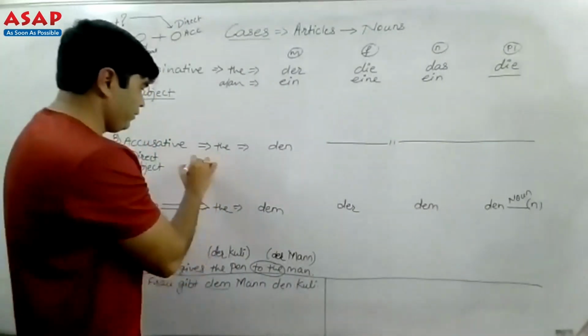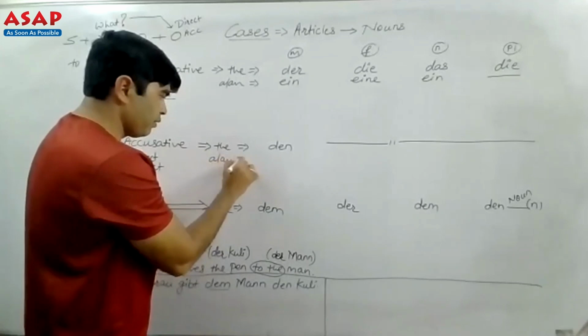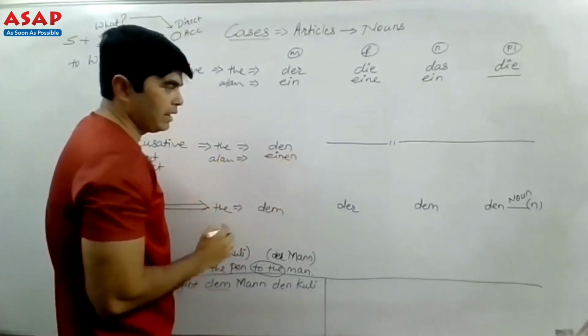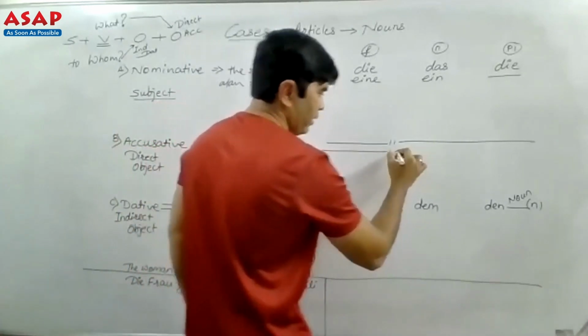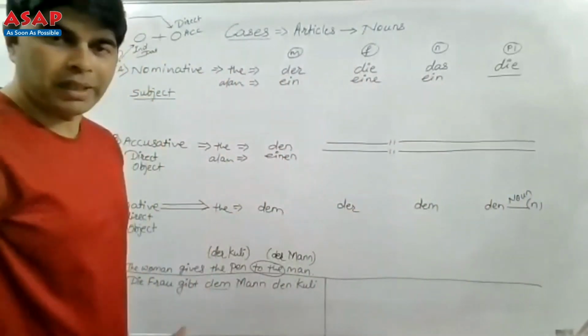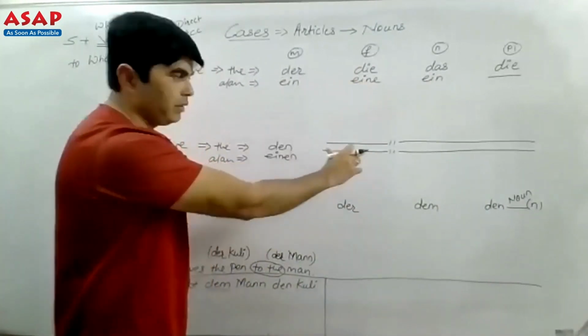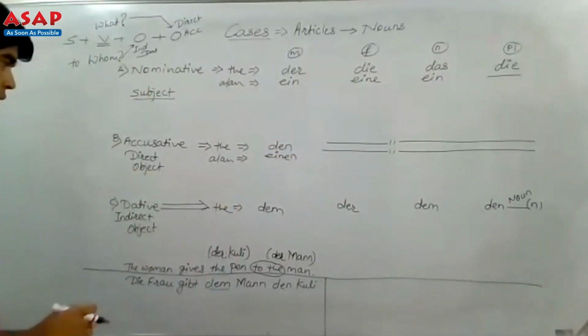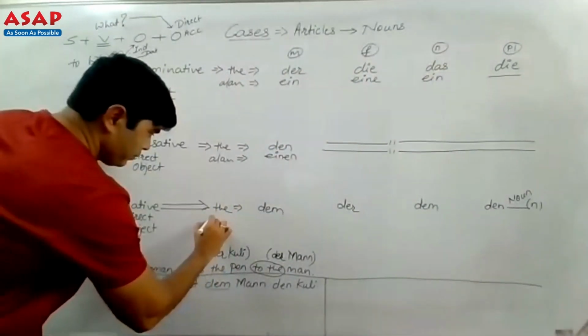Okay, then in accusative, einen. It is einen, and the rest all will be similar to this. So nominative and accusative will be the same for feminine, neuter, and plural. Okay, let's go to the next one.